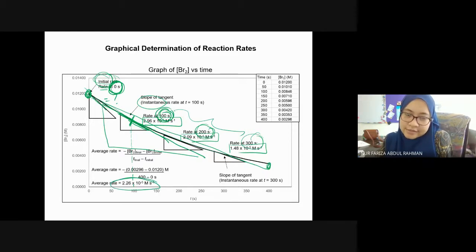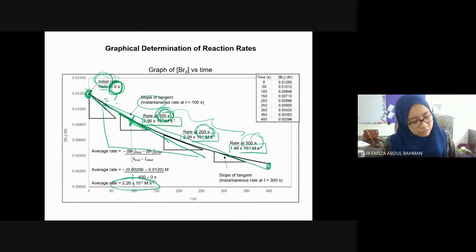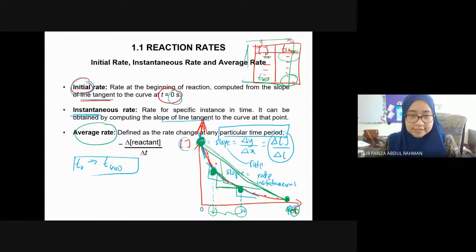Okay, alright. Okay, and then one more thing guys. Kat sini kan tadi dia ada ni kan. Nak calculate the average rate, this is the formula, okay. One more thing that you should know, the value of rate, maybe you boleh tambah kot dekat earlier slide tu.